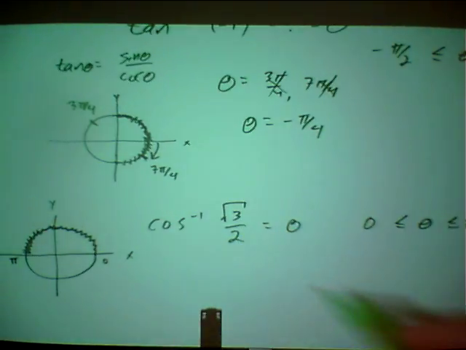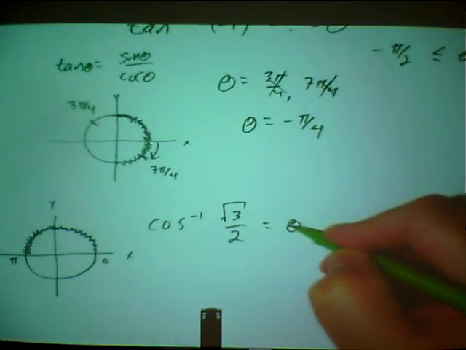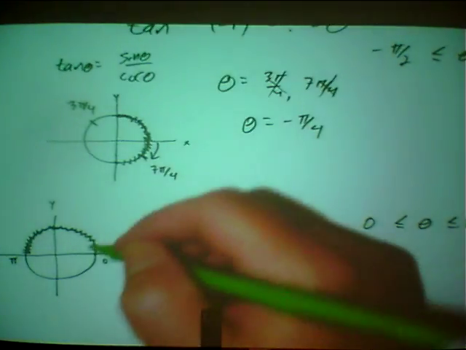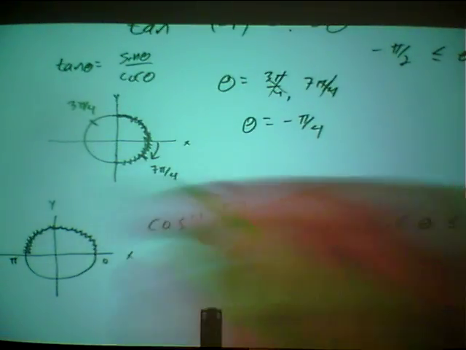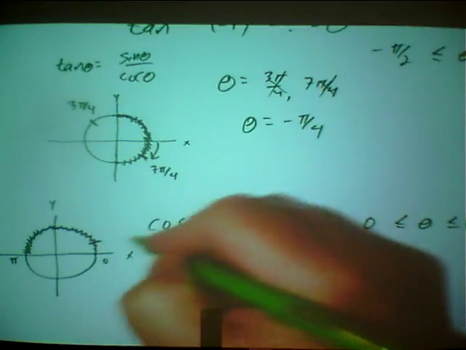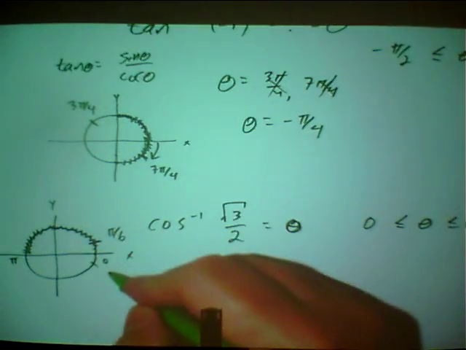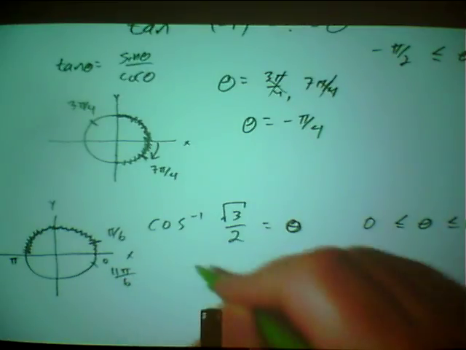So for this problem, once again, I'm saying, let's go find an angle that when I take the cosine of that angle, it equals square root of 3 over 2. Well, I know on my unit circle, it's right here at pi over 6, and right here at 11 pi over 6.